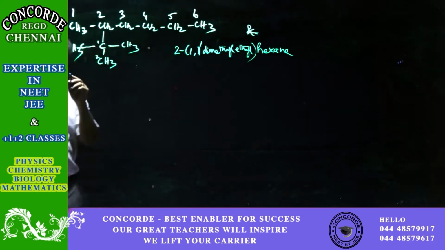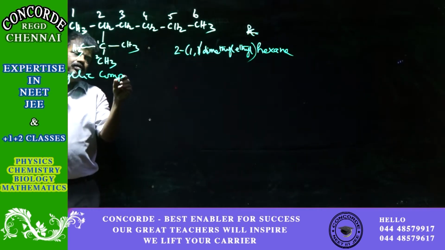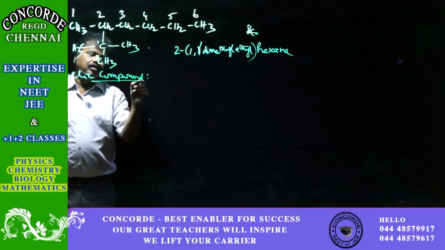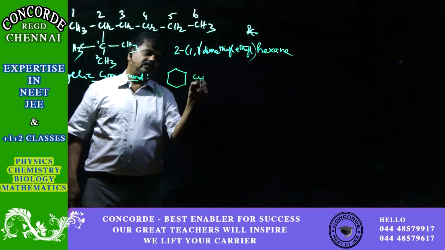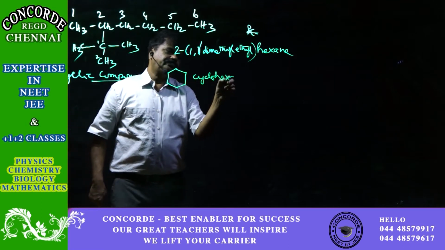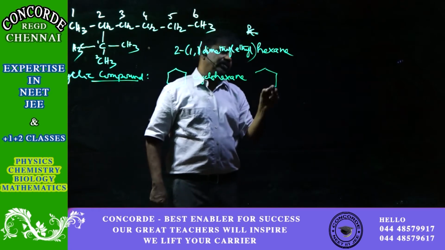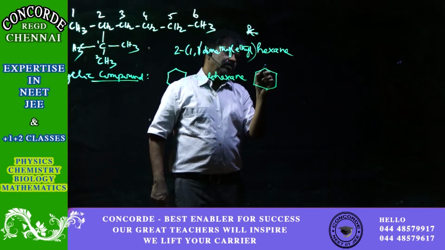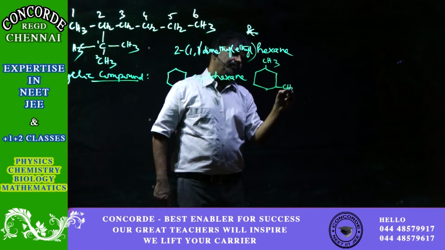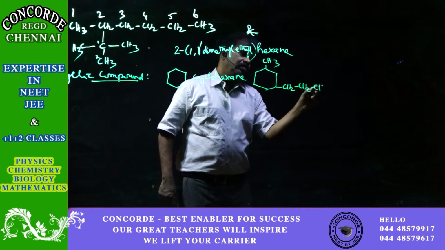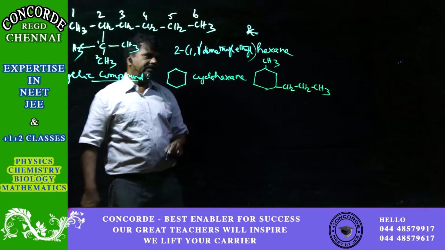And in case this is a cyclic compound, you know very well this is cyclohexane. If there is a substitution in the cyclohexane, a methyl substitution here and a propyl substitution here, then how to number it?